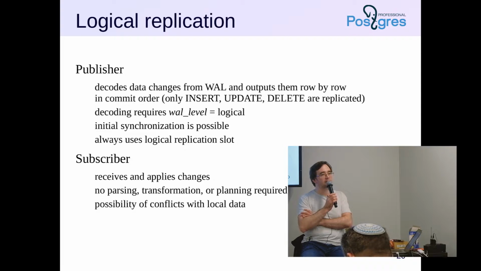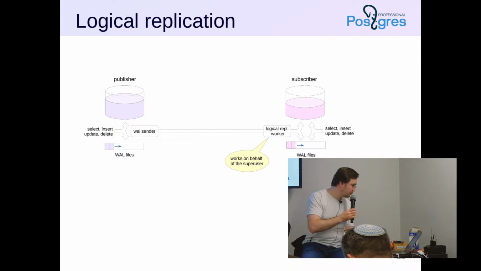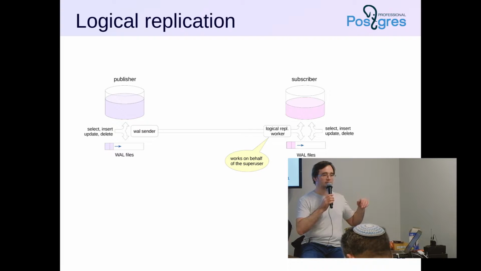When you use logical replication, you basically have two servers that can perform their own operations. These are read-write servers, both of them. So the subscriber can do something with a table, and at the same moment you can get changes from another server to this table.